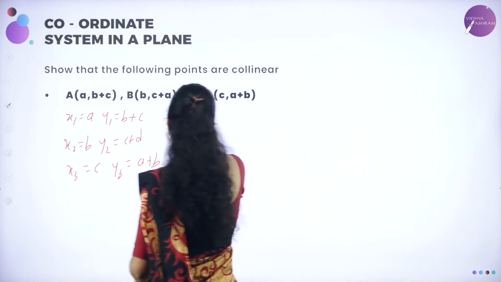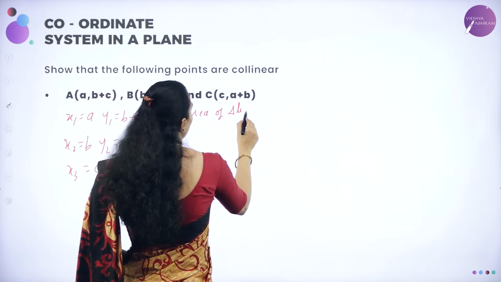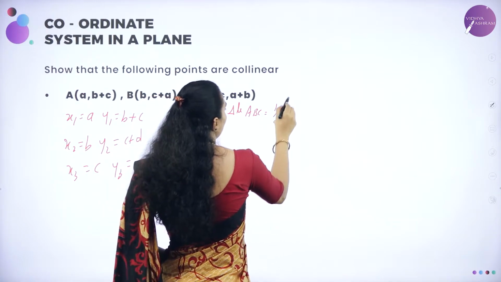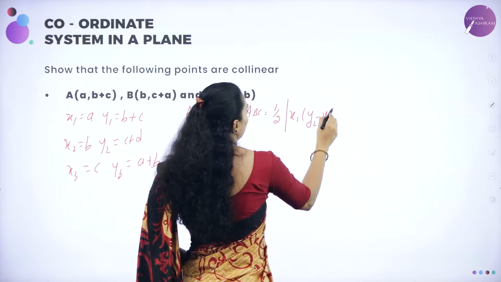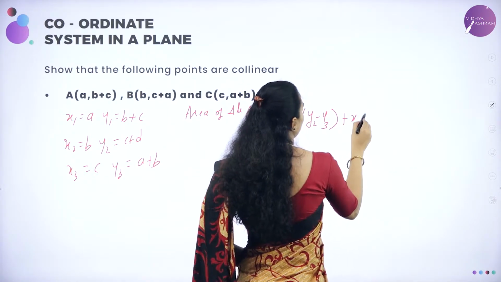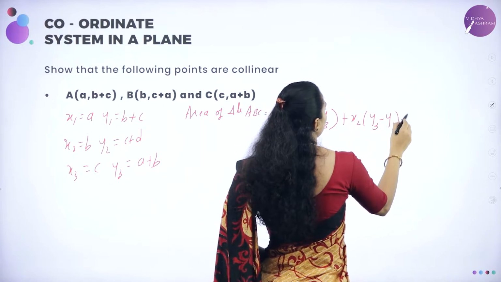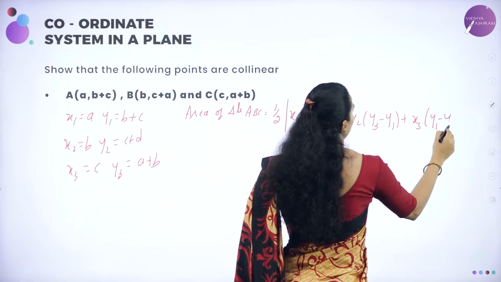So let me write down the formula. Area of triangle ABC is equal to half into modulus of x1 into y2 minus y3 plus x2 into y3 minus y1 plus x3 into y1 minus y2.